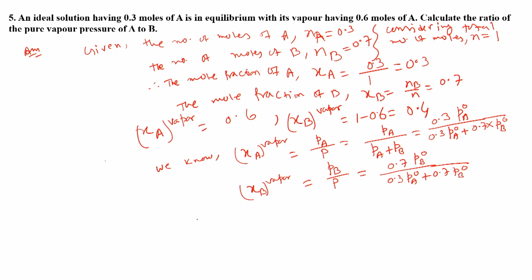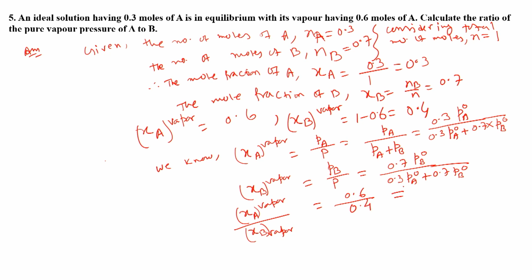Okay, so if we take the ratio, Xa vapor by Xb vapor, we get 0.6 by 0.4, right?